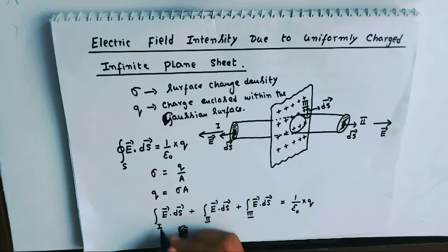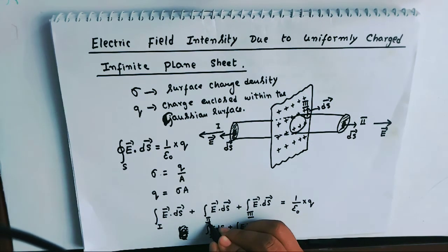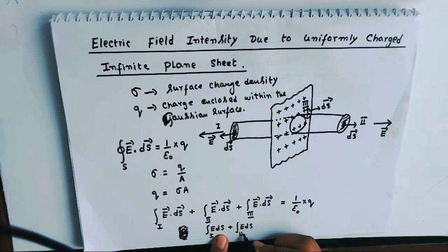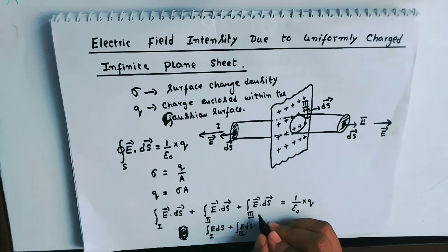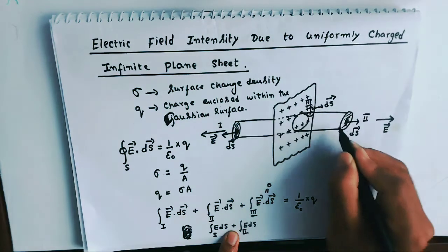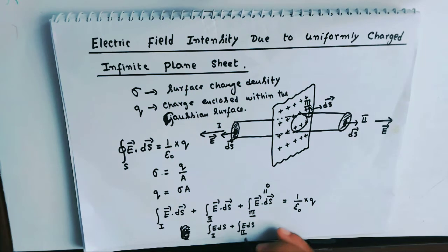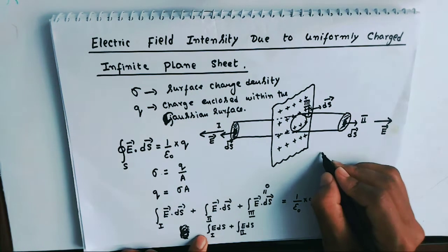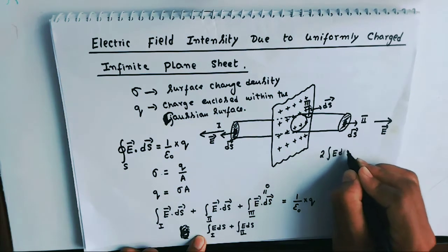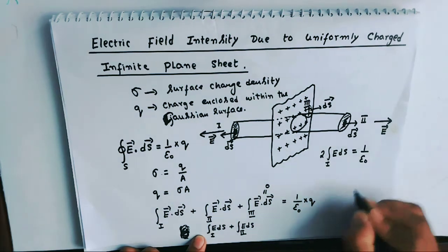So therefore, the integration over region 1 is simply E ds. Similarly, the integration over region 2 is E ds. However, the integration over region 3 is 0. This is ds, this is E. So therefore, the integration over region 3 is 0. So E ds and E ds, this one we can add. So it becomes twice E ds, which is equal to 1 by epsilon naught times Q.